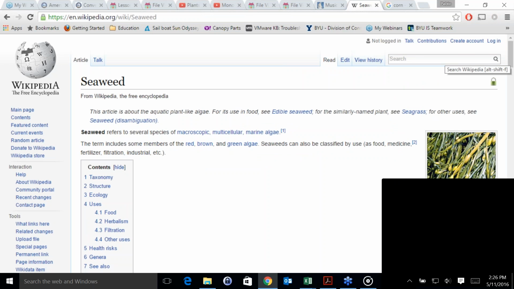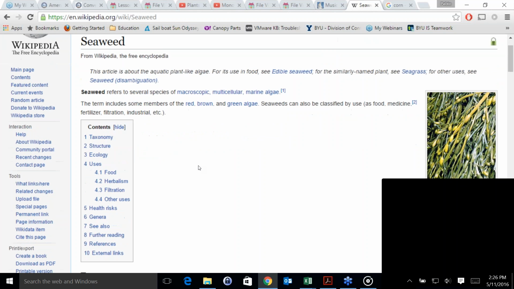So seaweed is a macroscopic multicellular algae. Remember that the algae are part of the kingdom that is the protist.